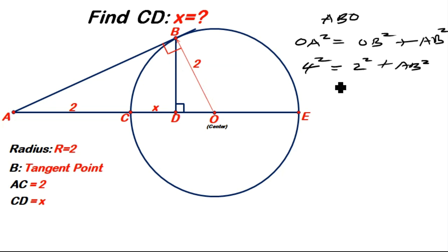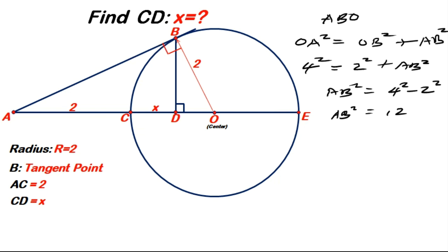So if you make AB squared the subject of the formula, you will get AB squared is going to be 4 squared minus 2 squared. If you take 2 squared to the other side of the equation, that gives you 12. 4 squared is 16, 2 squared is 4. 16 minus 4 is 12. So AB squared is equal to 12.